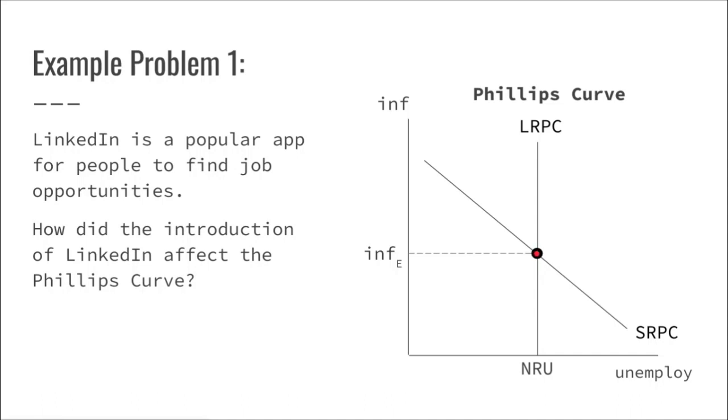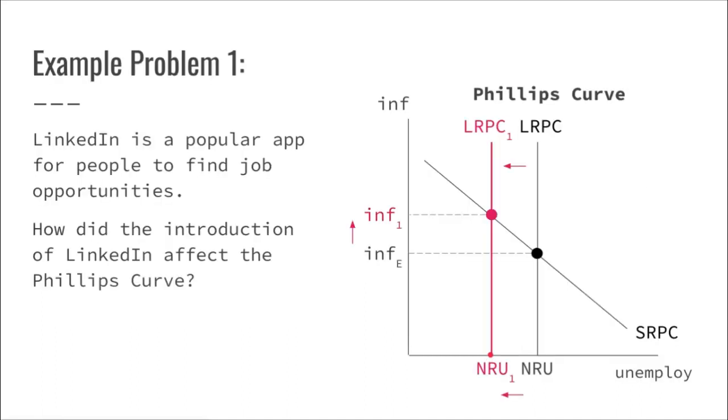What that's going to do is decrease our natural rate of unemployment. When we shift our natural rate of unemployment, our LRPC is going to shift, right? So our LRPC is going to shift to the left, and our equilibrium point where LRPC and SRPC intersect is going to be our new point where the economy is operating.